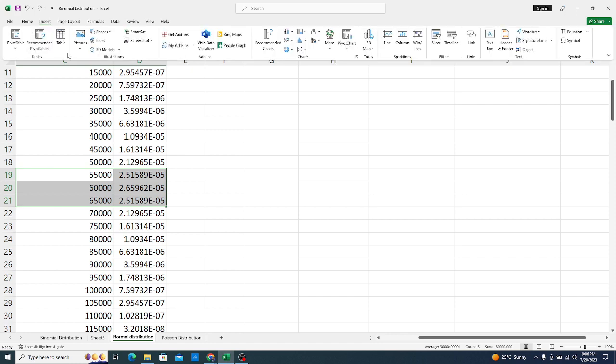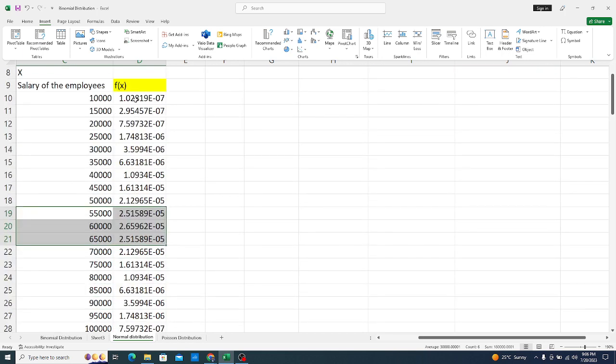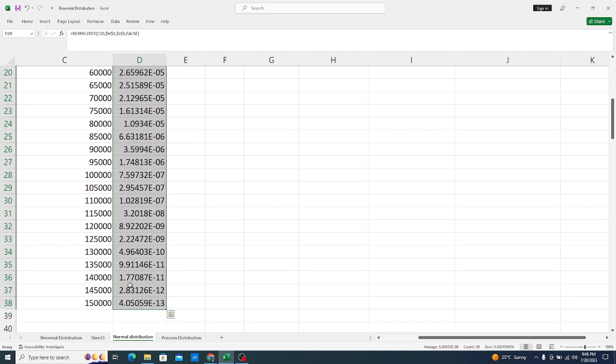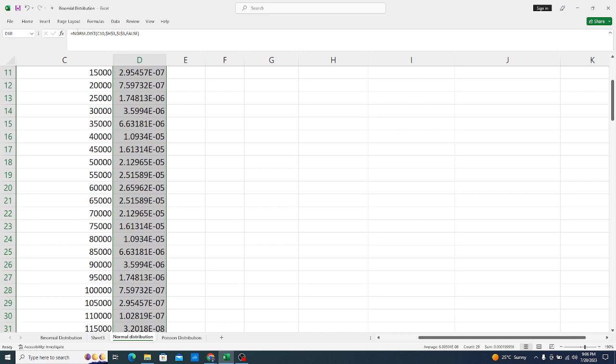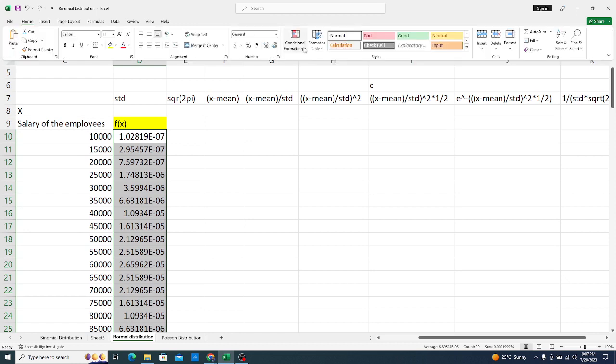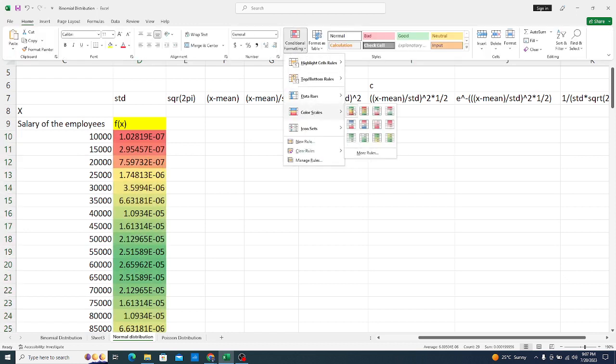Let me try and use conditional formatting.